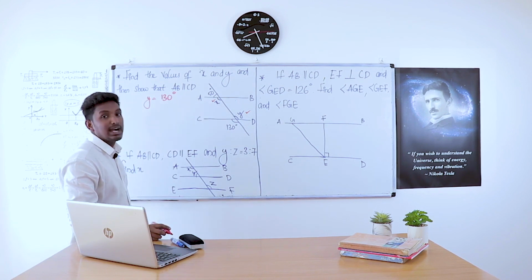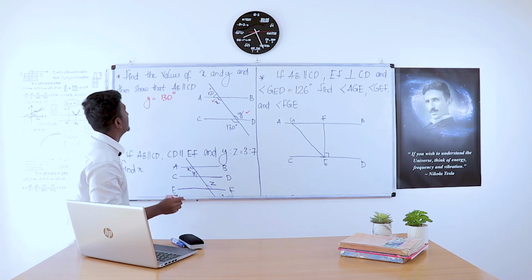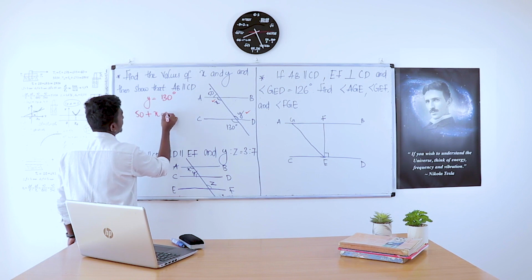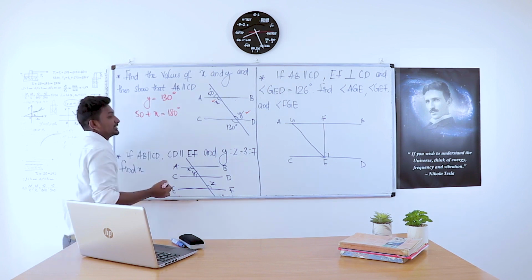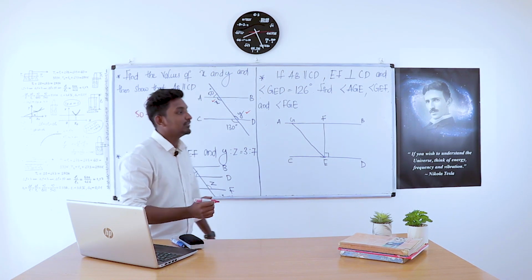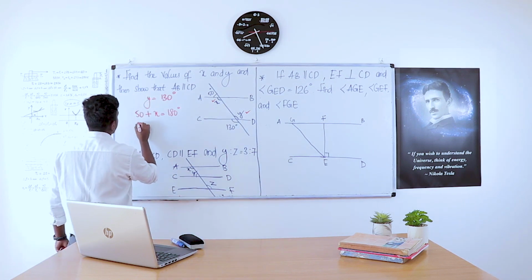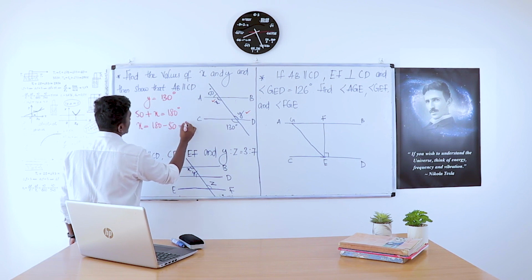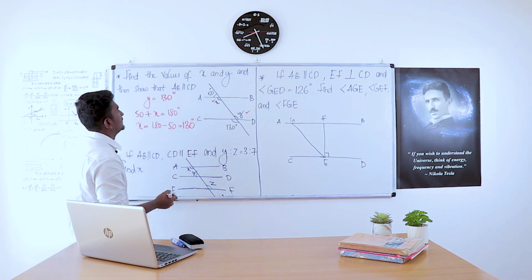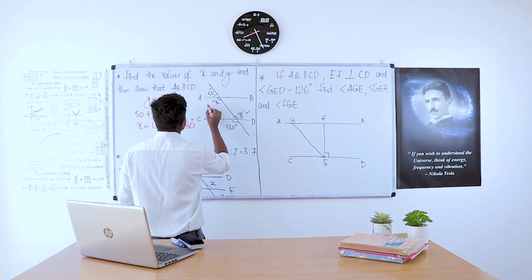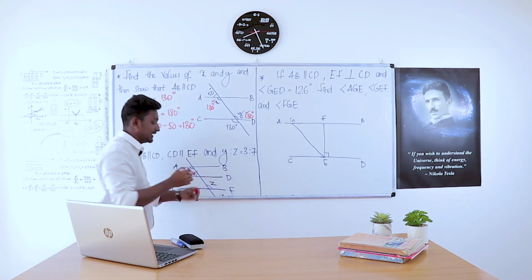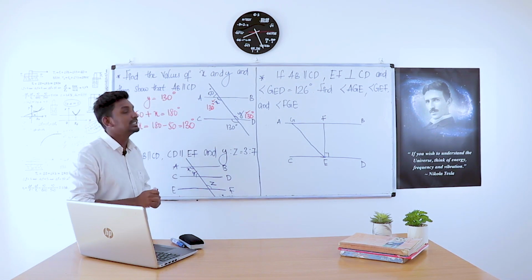So 50 plus x is equal to 180 degrees, since for a linear pair the sum of the angles is 180 degrees. Then x is 180 minus 50, which is 130 degrees. So we find the value of x and y as 130 degrees each.